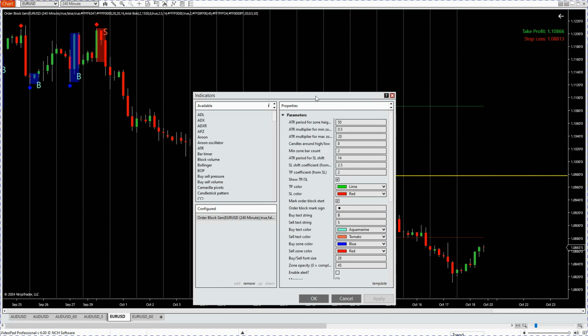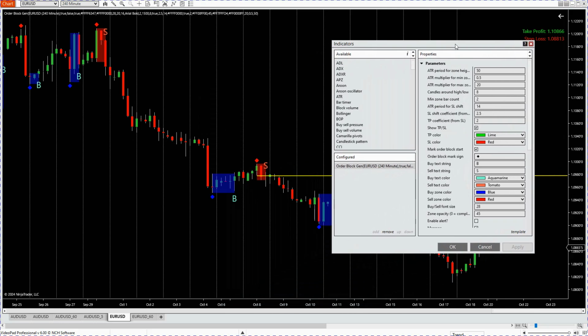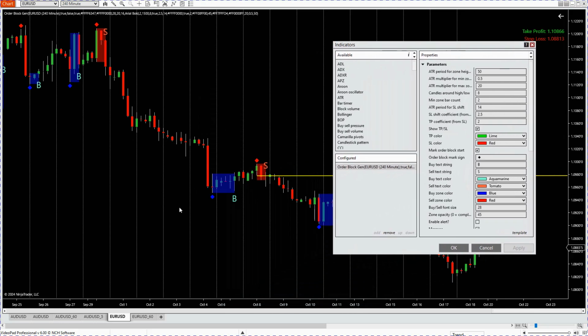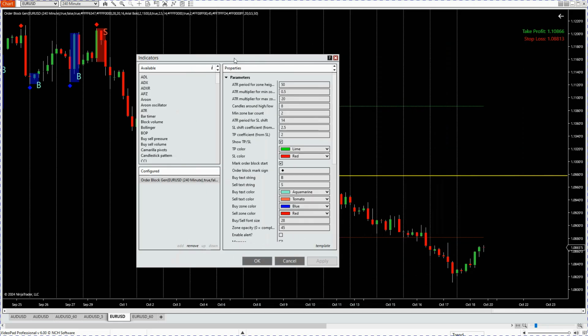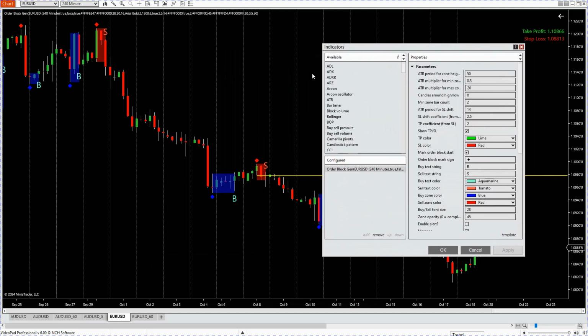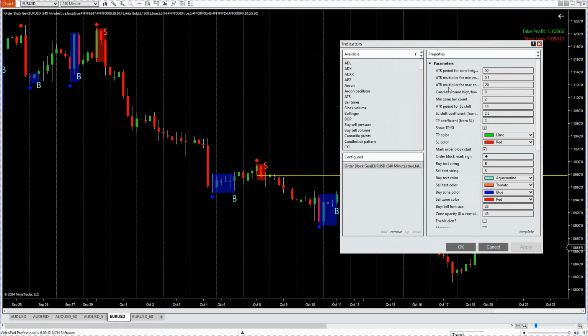I'm going to change some settings here so you can see how this changes the sensitivity. If I increase this to, let's say, 10, and I hit apply, let's increase it even more. Let's go to 15, apply. You see it decreases the number of occurrences.